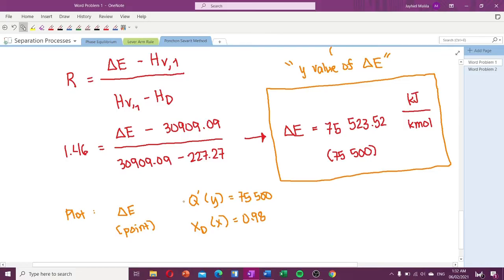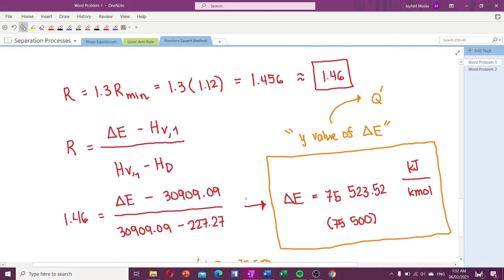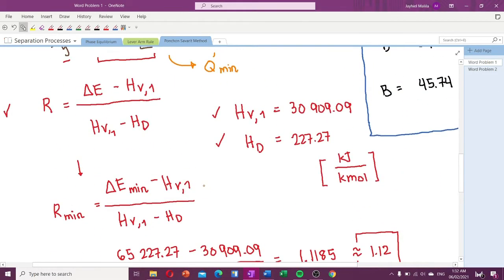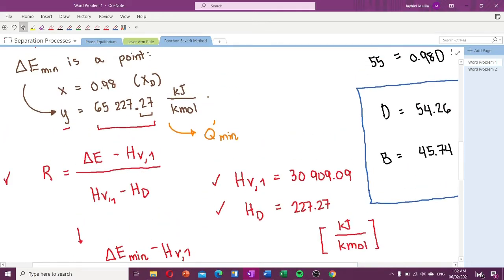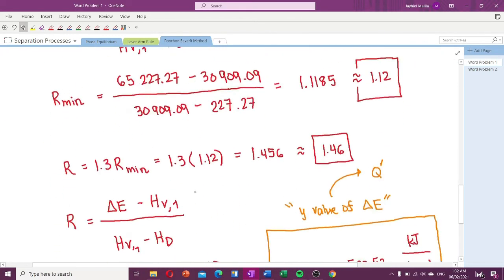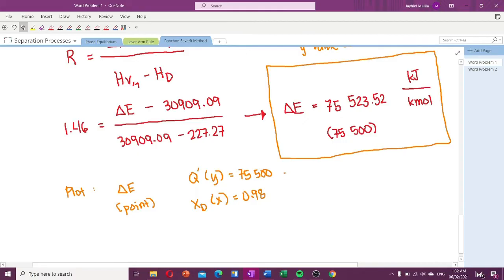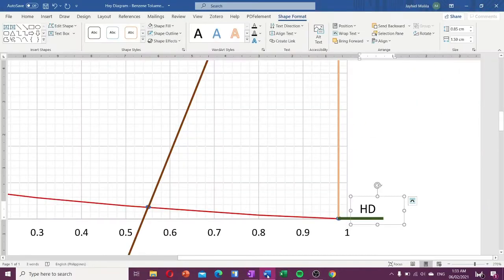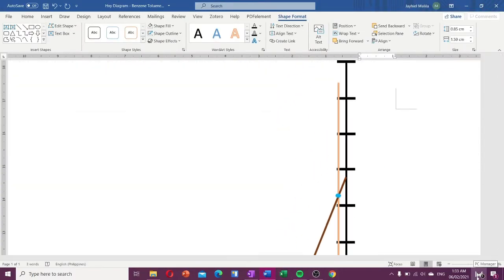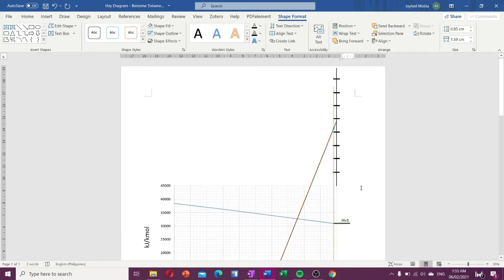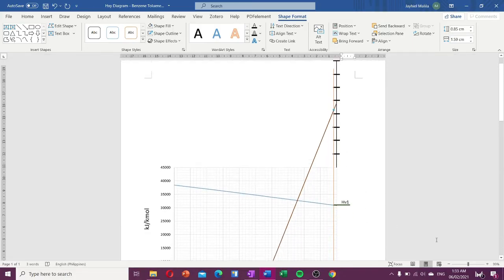And then the Q prime is 75,500, so it's greater than the one that you got here, which is 65,000. Let us plot it here in the drawing. Where is it located?